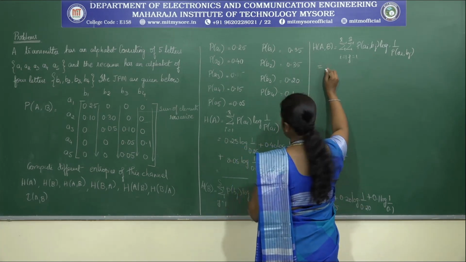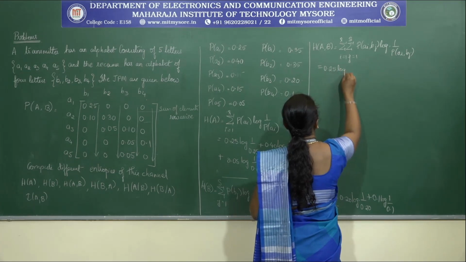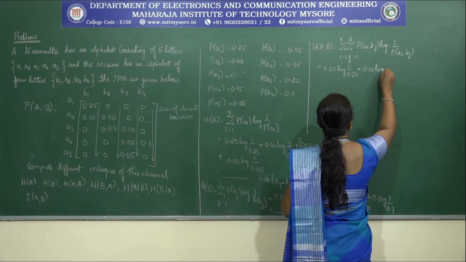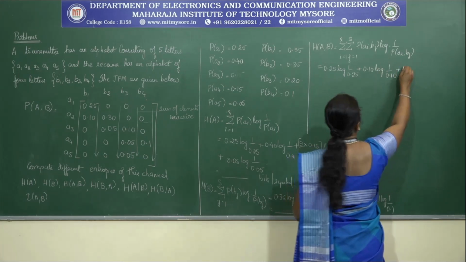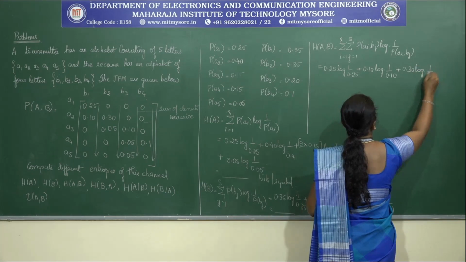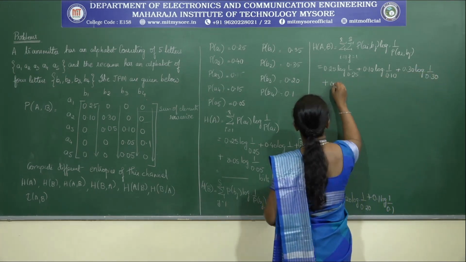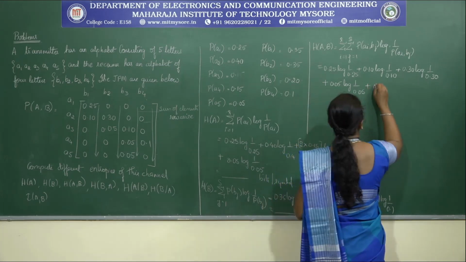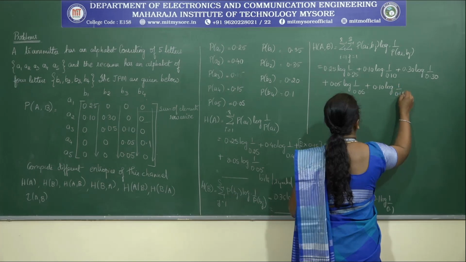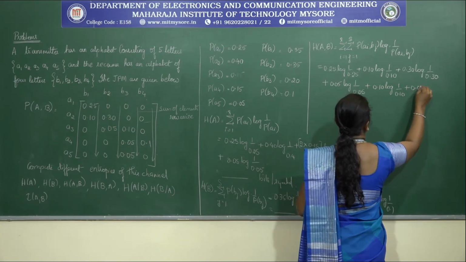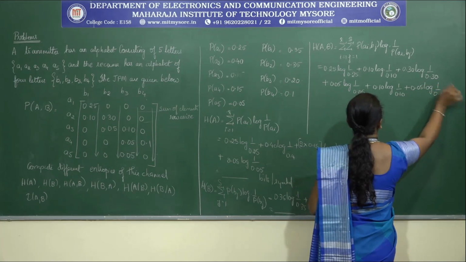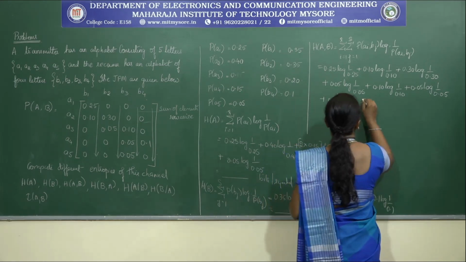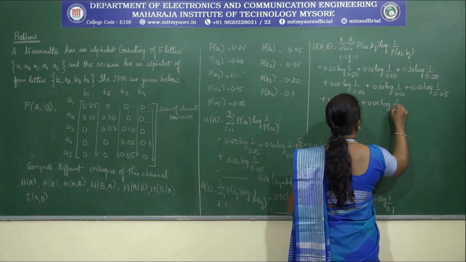Which is equal to 0.25 log of 1 by 0.25 plus 0.10 log of 1 by 0.10 plus 0.30 log of 1 by 0.30 plus 0.05 log of 1 by 0.05 plus 0.10 log of 1 by 0.10 plus 0.05 log of 1 by 0.05 plus 0.1 log of 1 by 0.1 plus 0.05 log of 1 by 0.05.